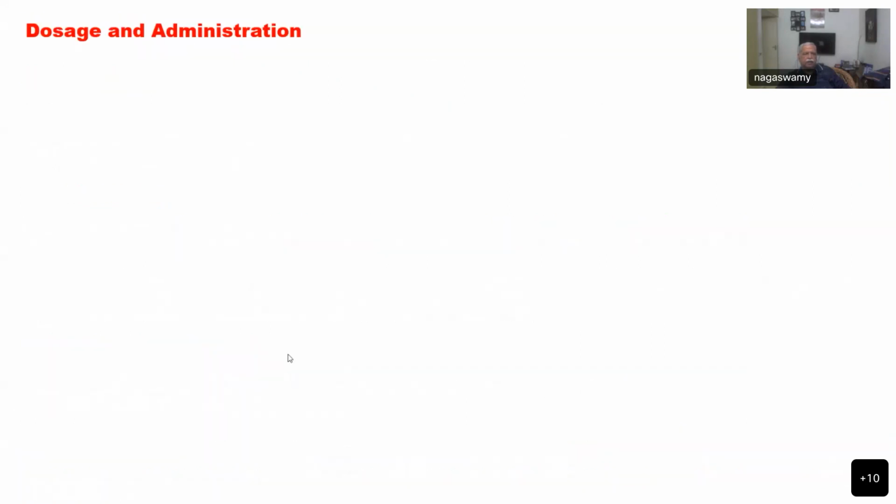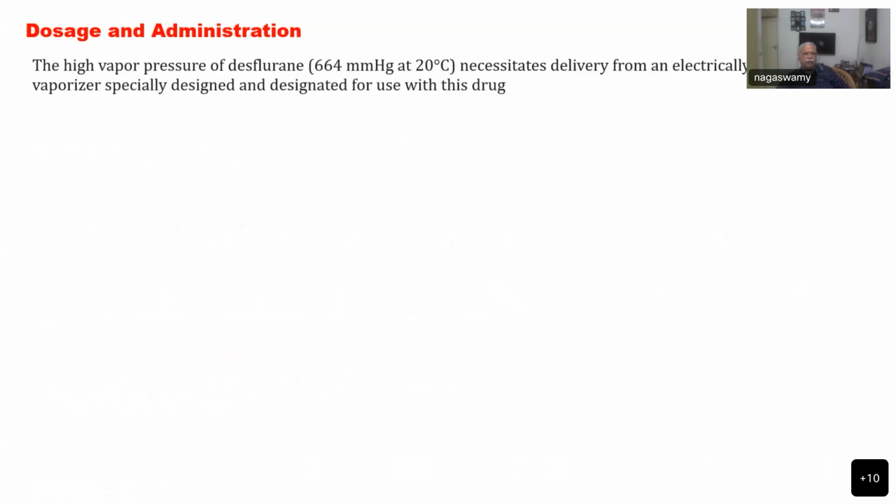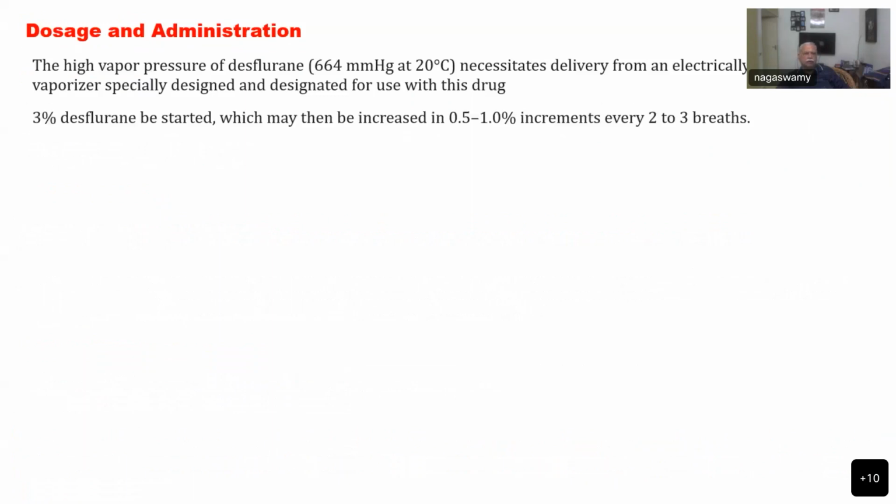Okay. Dosage: high vapor pressure necessitates delivery from an electrically heated vaporizer specifically designed for that. We start with 3% Desflurane, and then increase in 0.5 to 1% increments every 2 to 3 breaths.